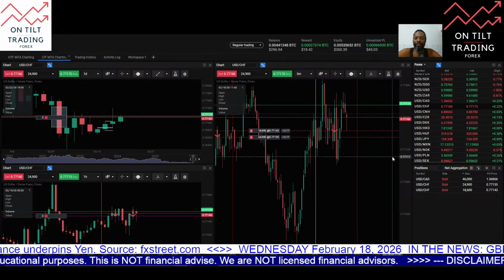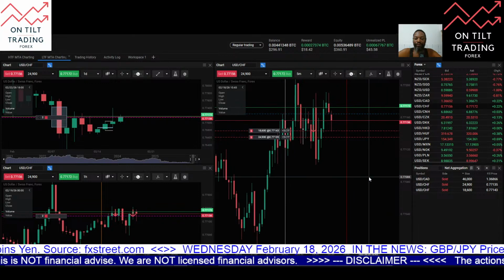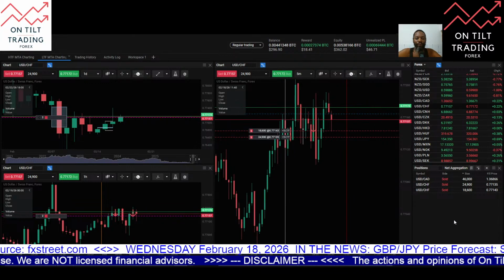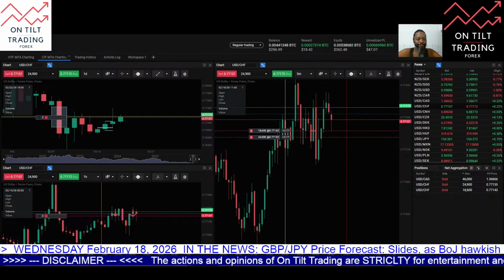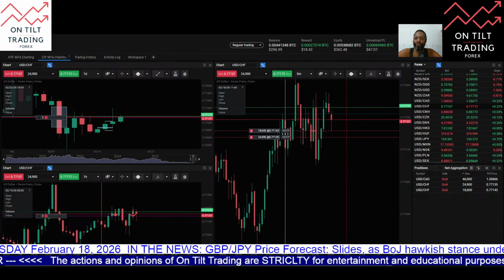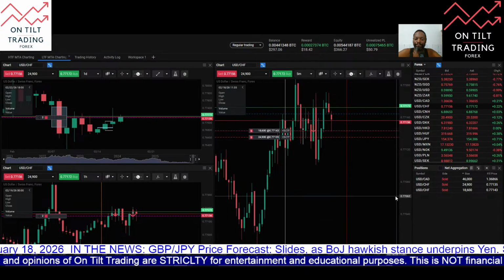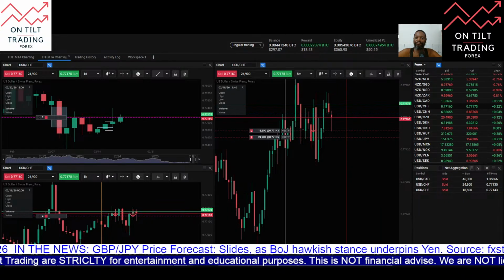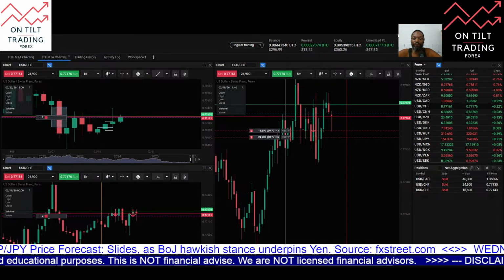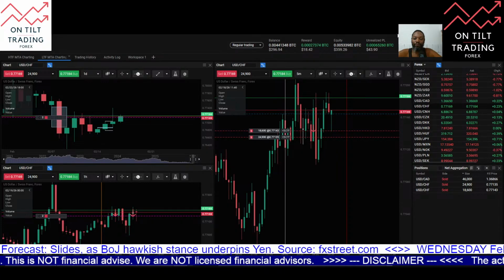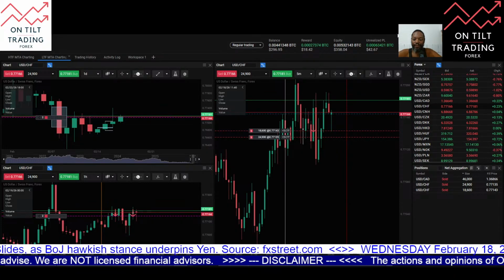See price reacting inside of this bullish fair value gap here on the dollar Swiss. And a return to buy side delivery here.